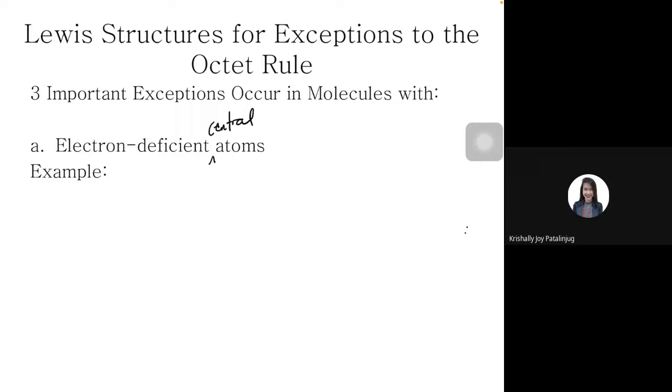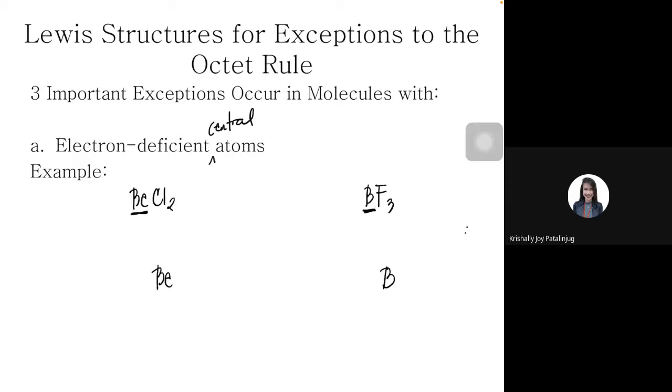For example, those gaseous molecules that contain beryllium or boron as the central atom. Let's say, for instance, in the molecule beryllium chloride, beryllium will be the central atom. In the molecule boron trifluoride, obviously, boron will be the central atom.